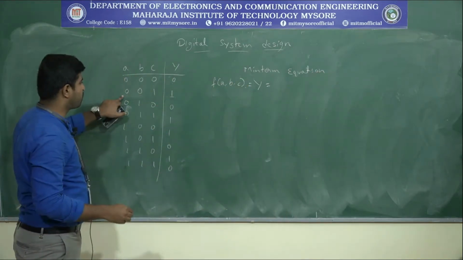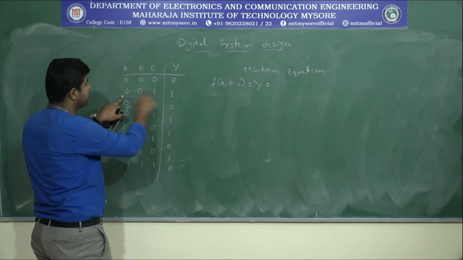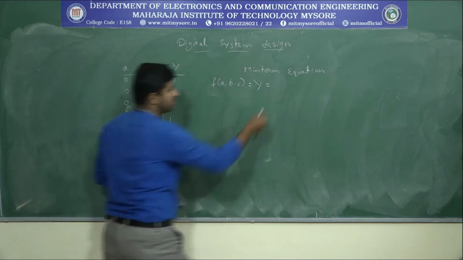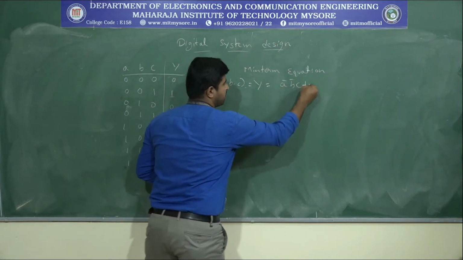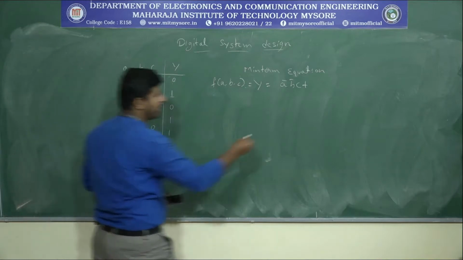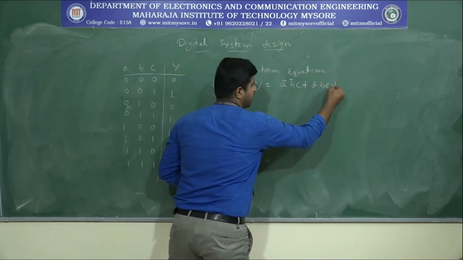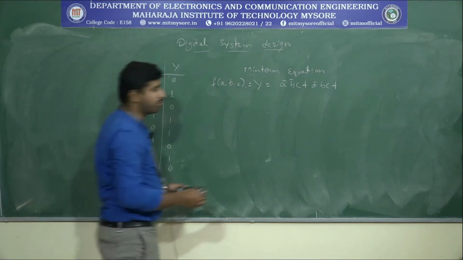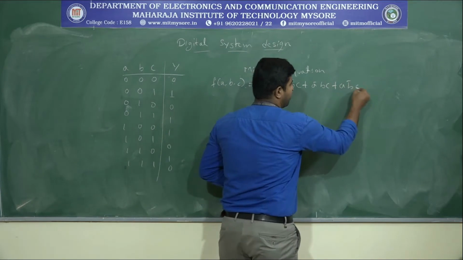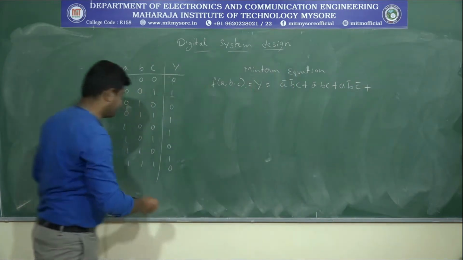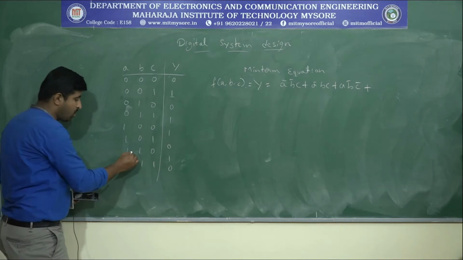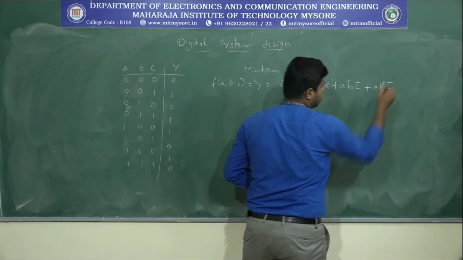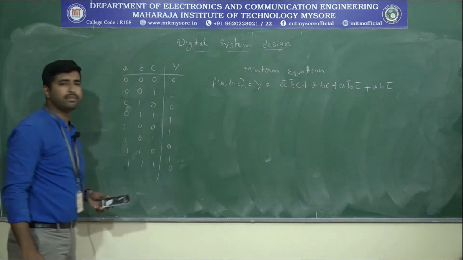That corresponds to 1, that is 0, 0, 1, corresponding to A bar, B bar, C. So A bar, B bar, C plus next A bar, B, C plus next 1 is here, 1, 0, 0, that corresponds to A, B bar, C bar. One more term is there, yes, 1 here. That corresponds to 1, 1, 0, that is equal to A, B, C bar. So this is the min term equation.